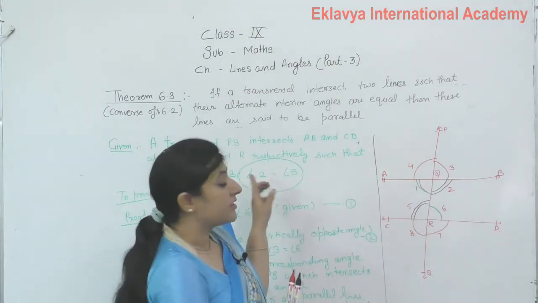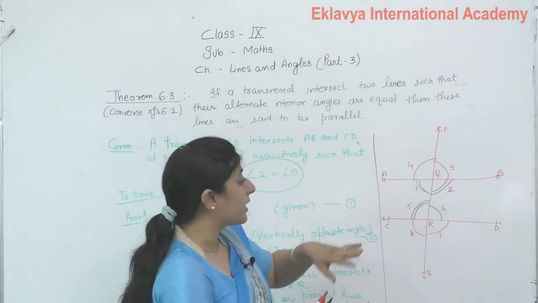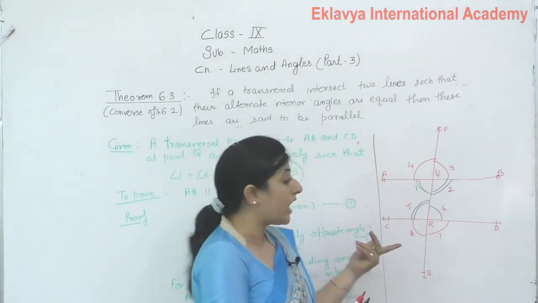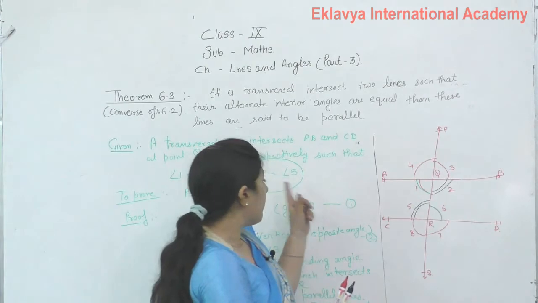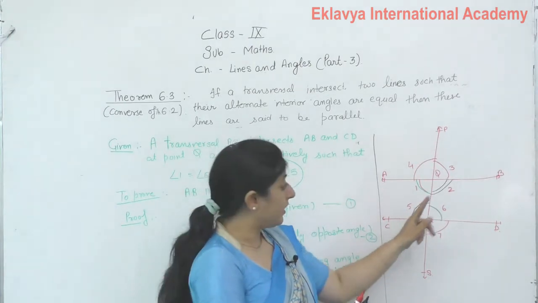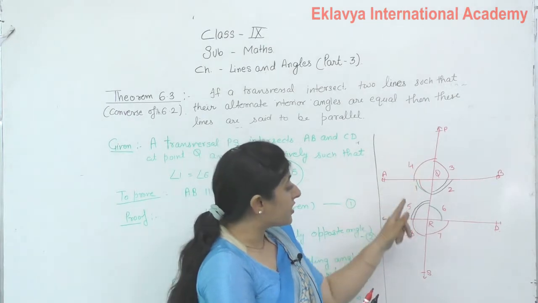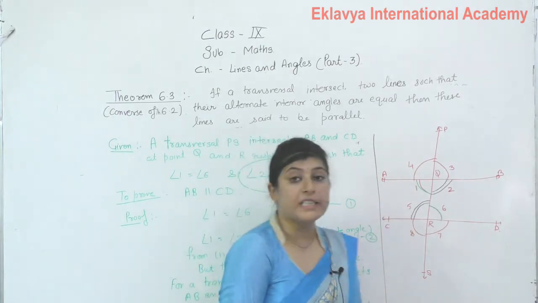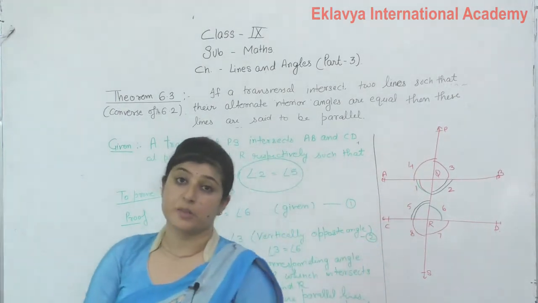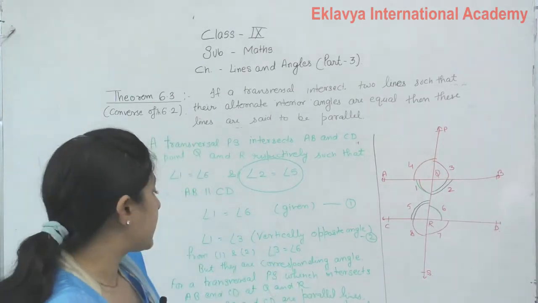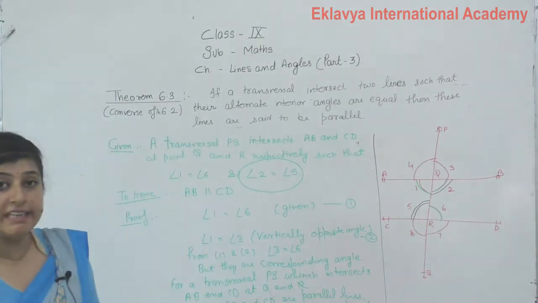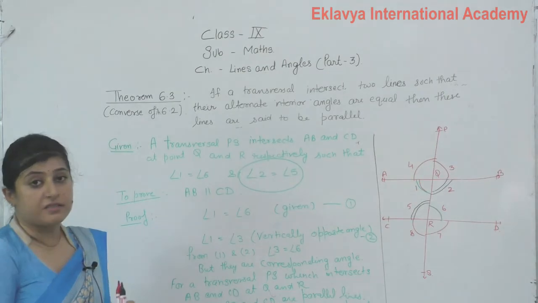Angle 2 is equal to 5, given to you. 2 is equal to 4, vertically opposite angles. Then 4 is equal to 5. But which type of angles are they? Corresponding angles. So we can say that lines AB and CD are parallel.